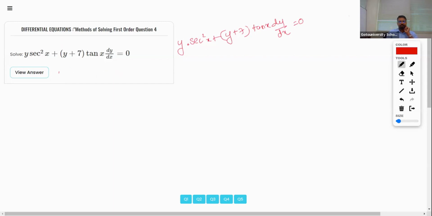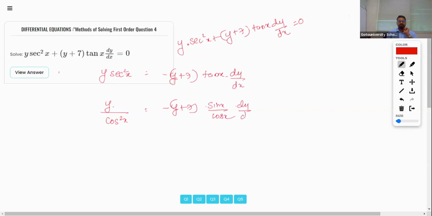As long as we have 0 on one side, we can move it easily to the other side. Equal to minus y plus 7 into tan x dy by dx. So now y by cos square x, can I write? Yes, is equal to minus y plus 7 into sin x by cos x into dy by dx. So one cos x cancels with this.